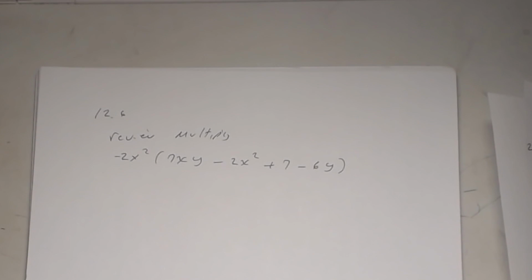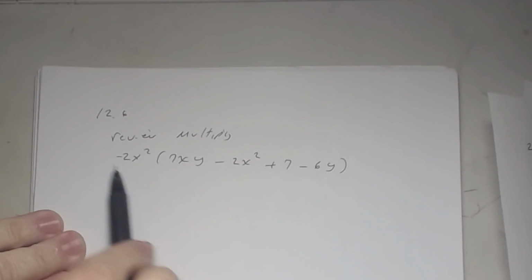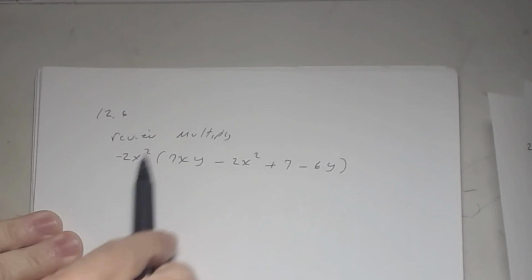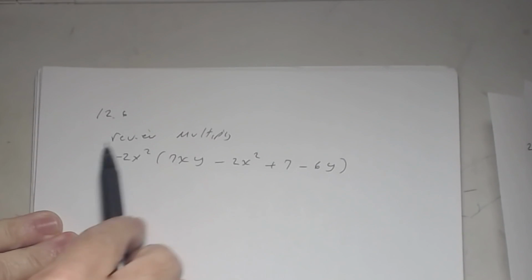So you have to know on your test that when you see this, how are you going to multiply what you see? Distributive property. Notice all I said was what you see. You have to know that what you're seeing is a polynomial times a polynomial. This polynomial is a monomial.